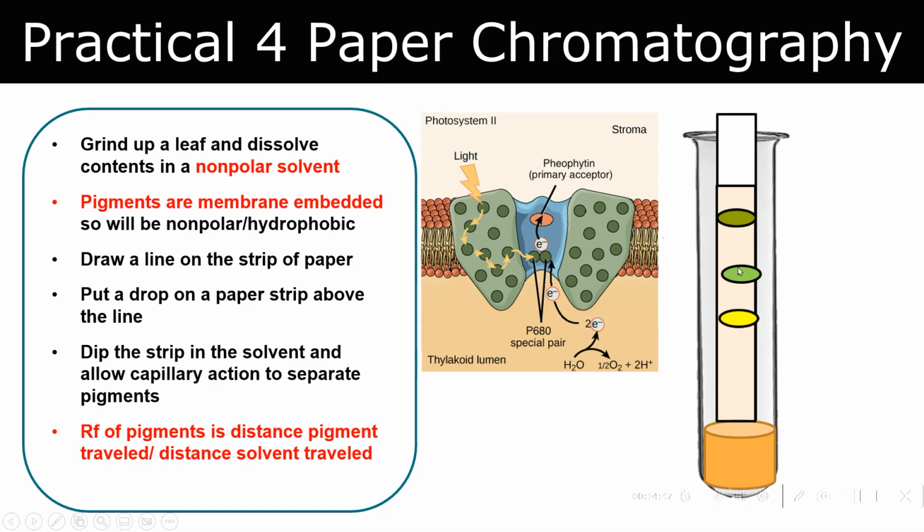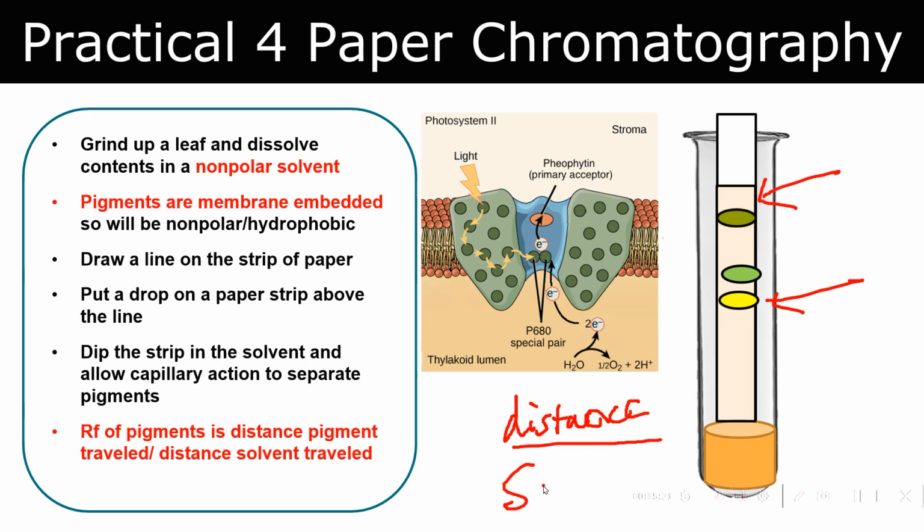And so you do that by calculating something called an RF, right? The RF is going to be the distance of this divided by the distance of that, right?